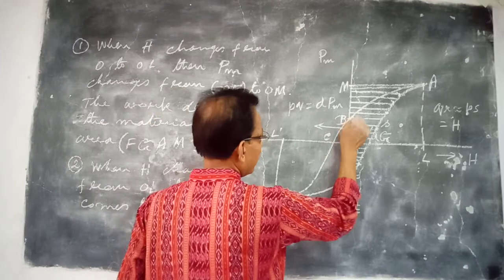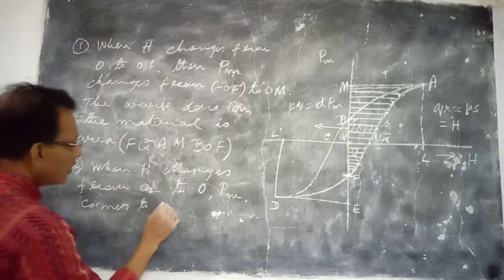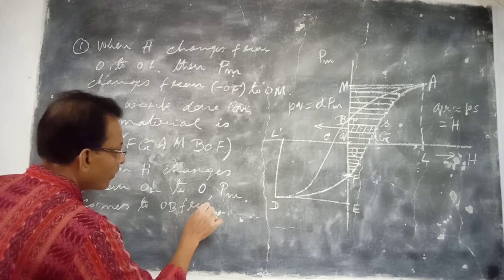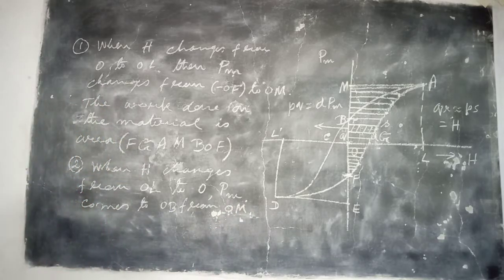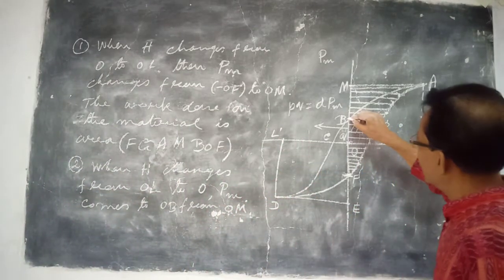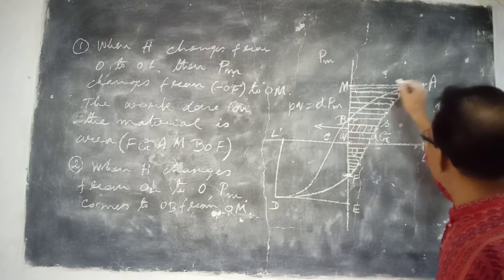It will come here, from here. It comes to plus OB from OM. Now the external field is decreasing, so now the work is done by the material itself. Now it comes here, then again it will follow this path.